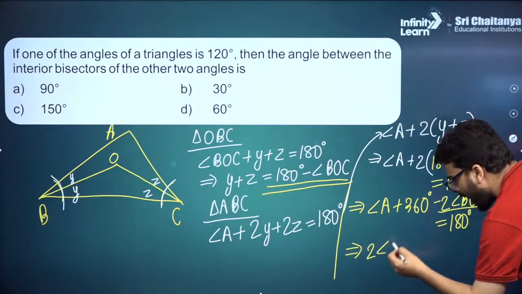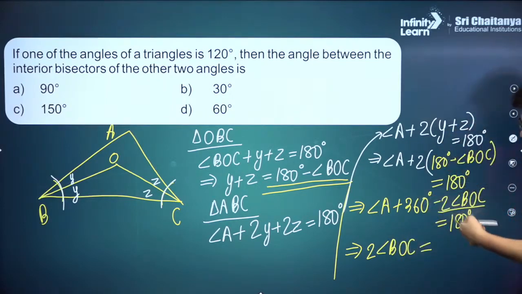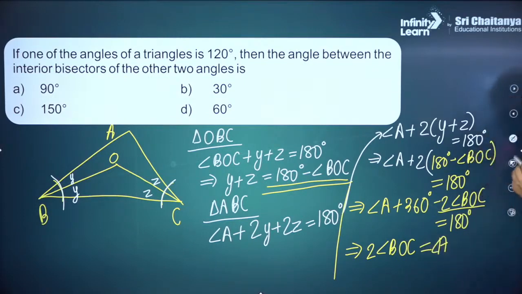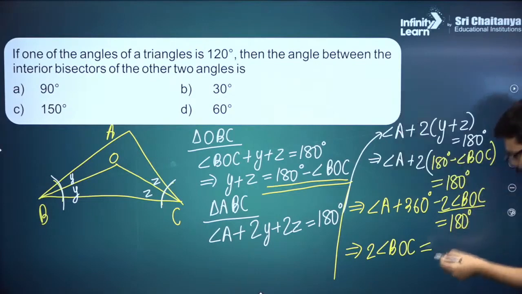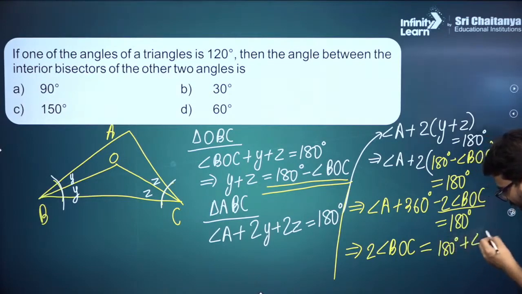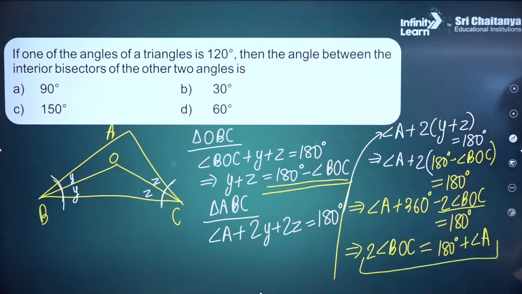I'll get 2 angle BOC equal to, 360 minus 180 will be 180 only, so this will be angle A. This is a very important result which must be on your tips. So I can write 180 plus angle A. Do you agree with me, guys? So I have got 2 angle BOC is equal to 180 plus angle A.